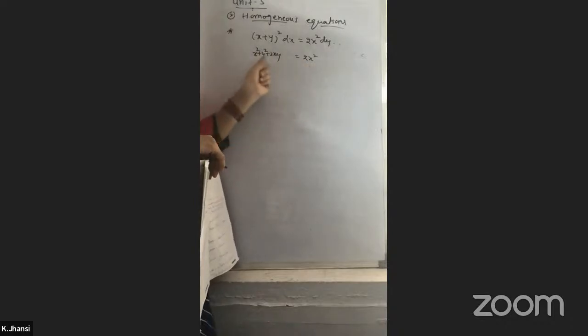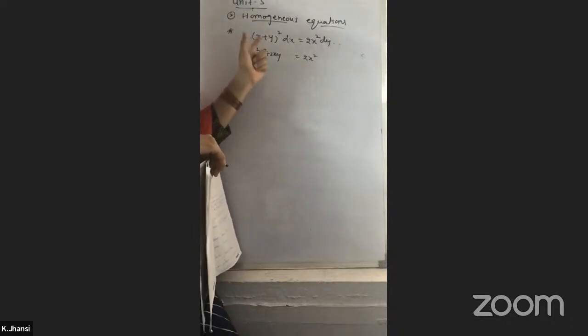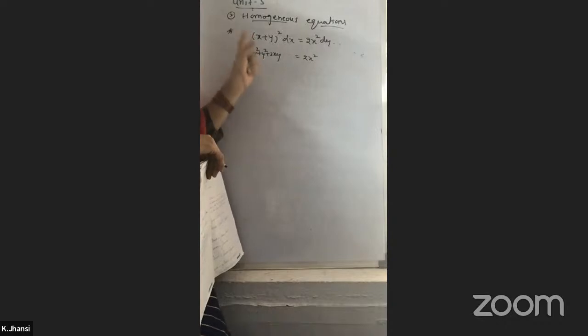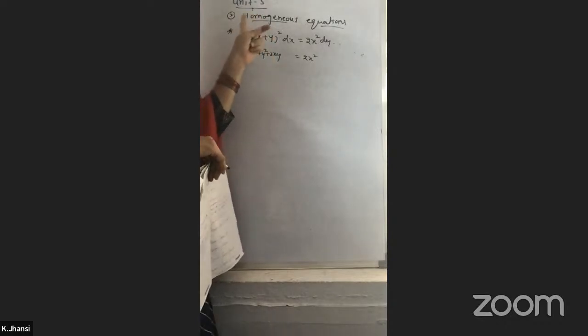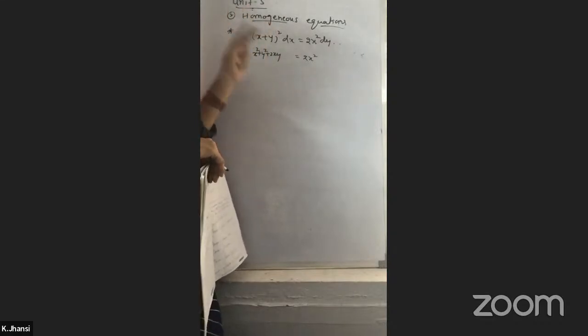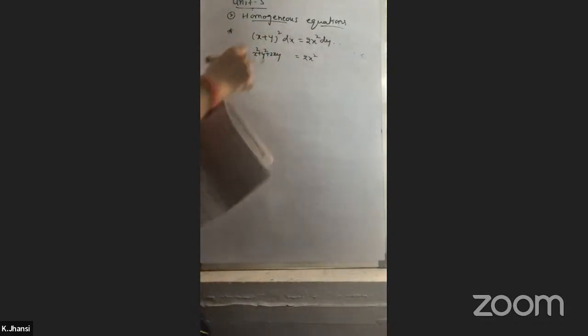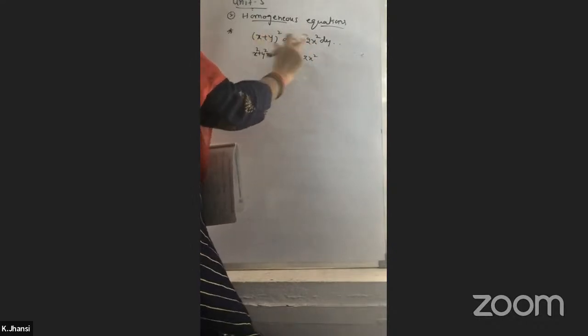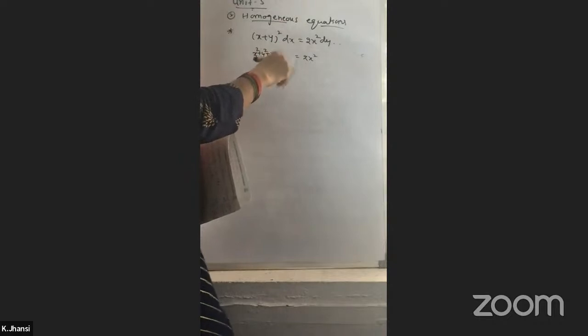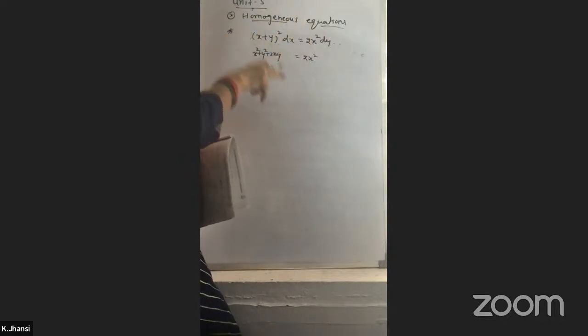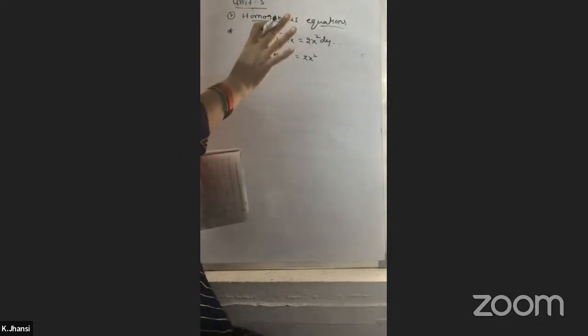So on both sides you have the same degree, so it is called a homogeneous function. Whenever it is a homogeneous function, we can find the solution for the homogeneous differential equation. So you have to check the degree on both the right hand side and left hand side. If both are the same, when you cancel it out, you will get 0. So it is a homogeneous differential equation.